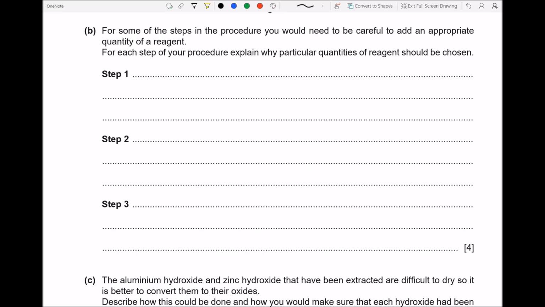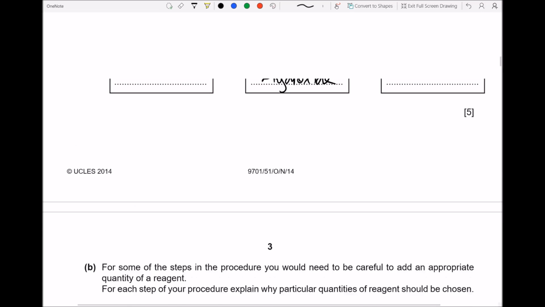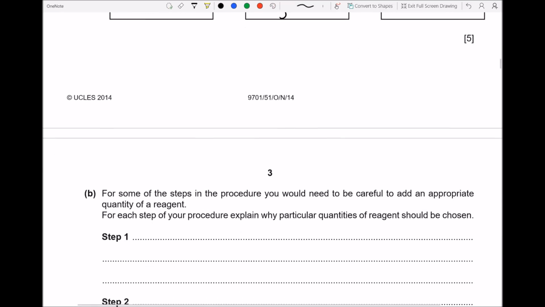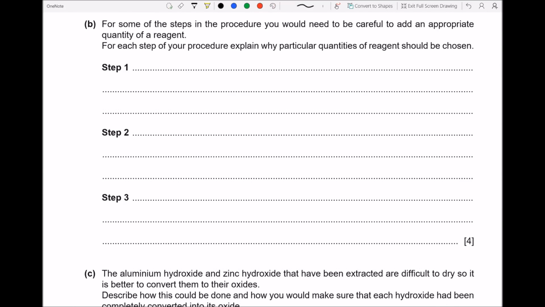So step 1 was the addition of sulfuric acid. So if I just go back there it was there. So addition of sulfuric acid. Now, what we have to do, the reason why we added the sulfuric acid is we wanted to dissolve the zinc and aluminium. So you just need to add enough just to dissolve the zinc and aluminium, and you should have some copper that's left behind. So effectively that's all you need to put for step 1.